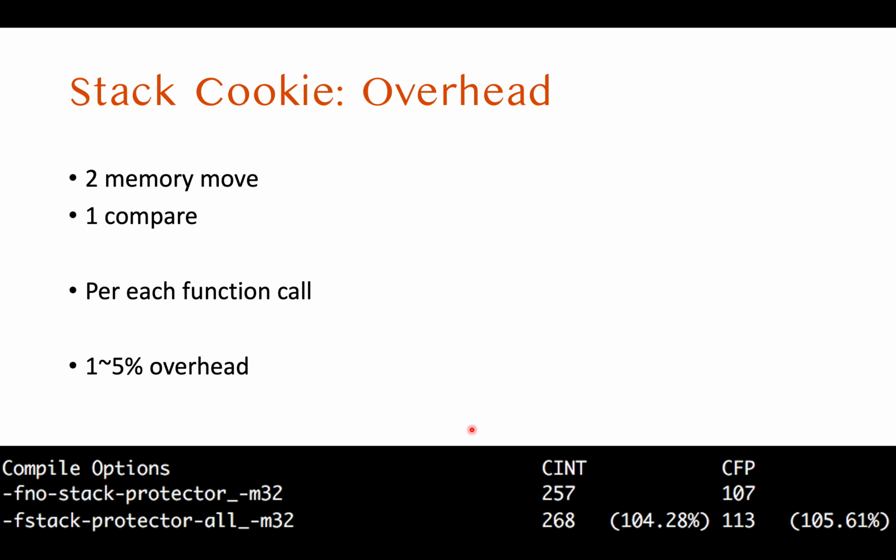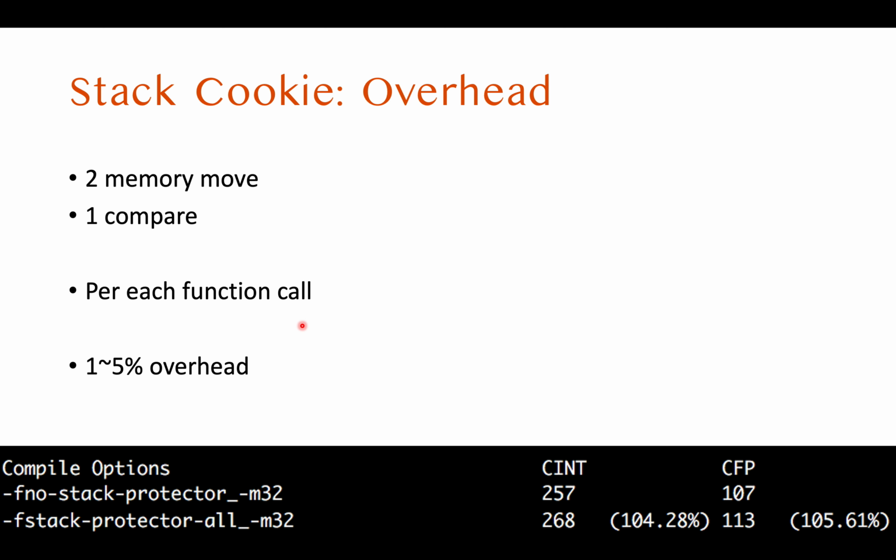Analyzing the performance overhead of the stack cookie is something like this. It inserts 2 memory moves and 1 additional compare per function call, which is a far smaller number than the pointer operations in the program. So it incurs only 1 to 5% performance overhead, depending on how many stack buffer variables you have.